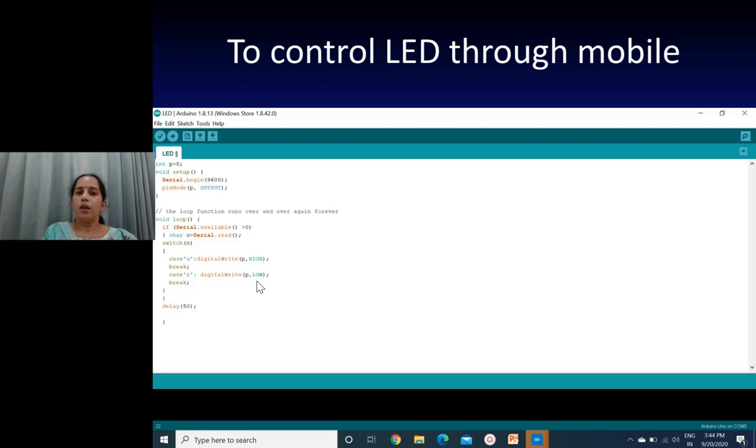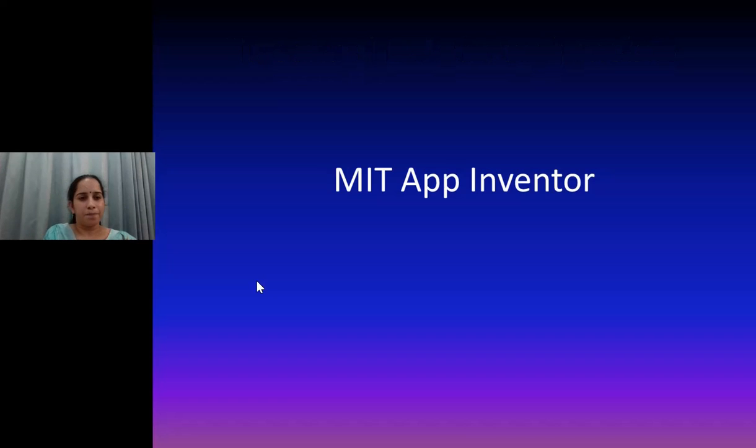So for this code, I need HC05. This I have demonstrated at the end. Both the programs have been clearly explained step by step, how to do it and what the output is. You can check out the video till the end.